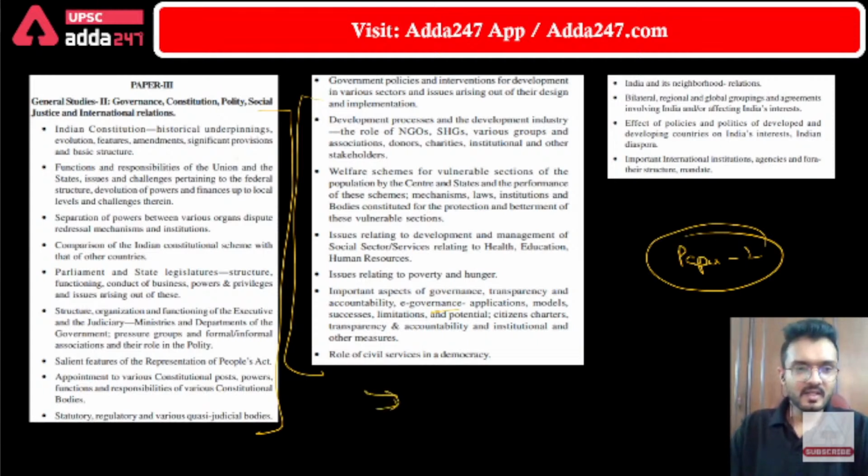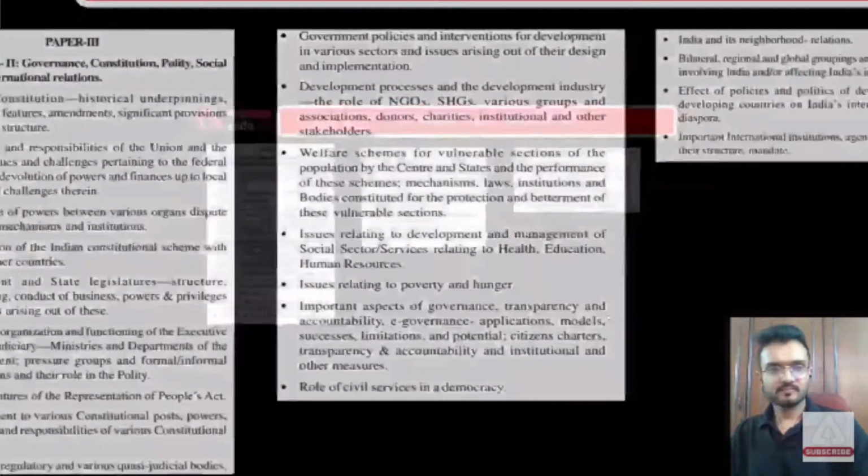Like the Constitution has given that there is a Parliament, and in the Parliament there are two houses, and this is the way for formulation of a bill. But actually, how are all these provisions working in real life? All these things are asked by the UPSC nowadays.